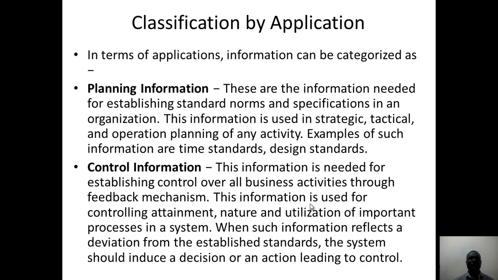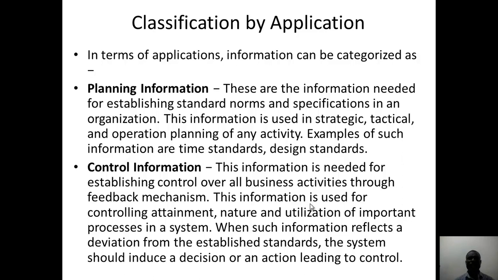Now I mentioned planning information. In terms of application, that is classification by application, we have planning and control information, just like I mentioned. And these are information needed for establishing standards or standard norms and specifications in an organization. This information is used as strategic, tactical, and operational planning of any activity. Examples of this information are time standards, design standards, and so on and so forth.